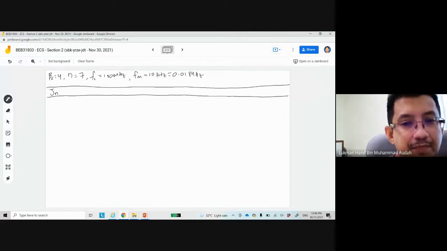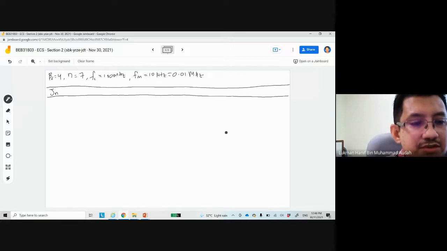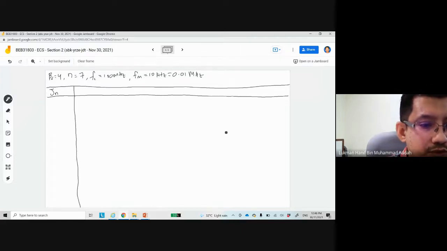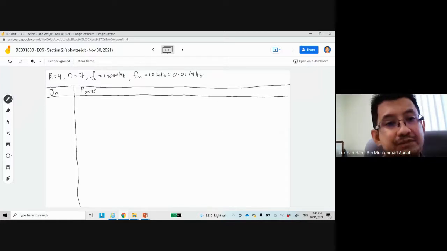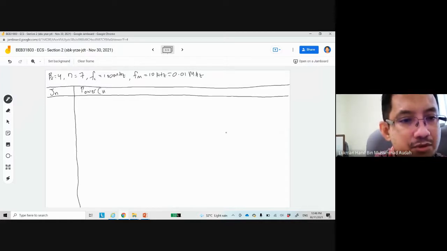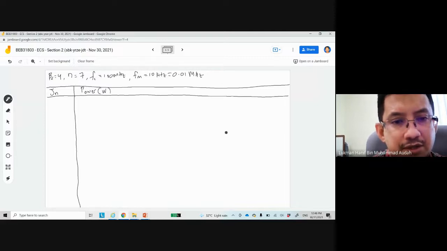Buang masa. Okay. So that means I need to make a table Jn. So table saya besar lah, and then power. Because I want to draw power spectrum. So the power unit is watt. And then I need to find the USB and LSB.